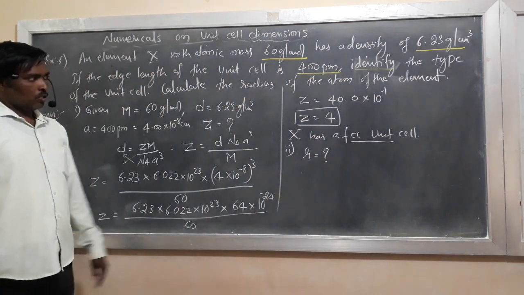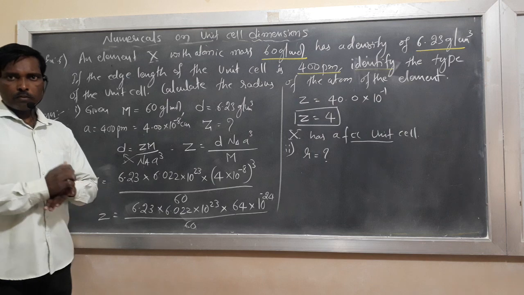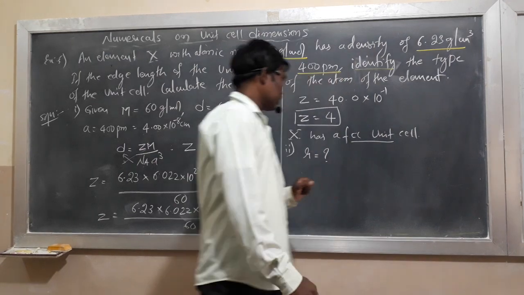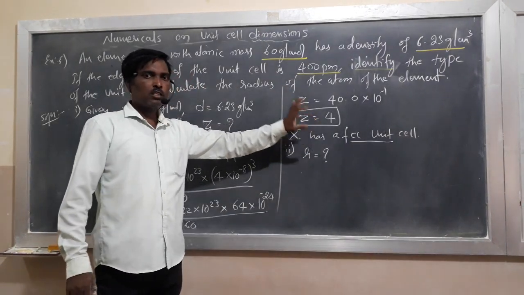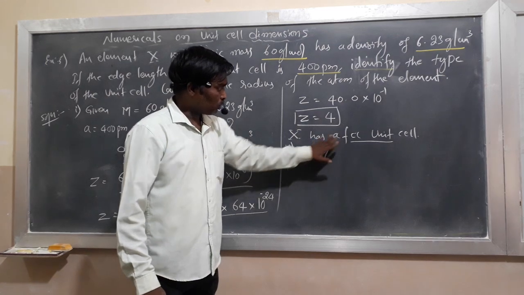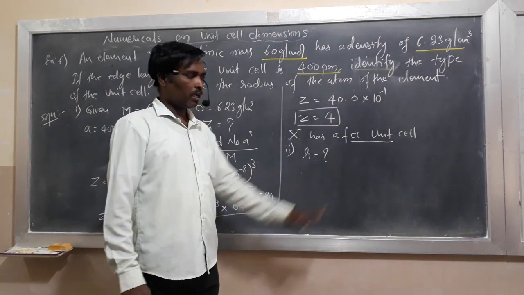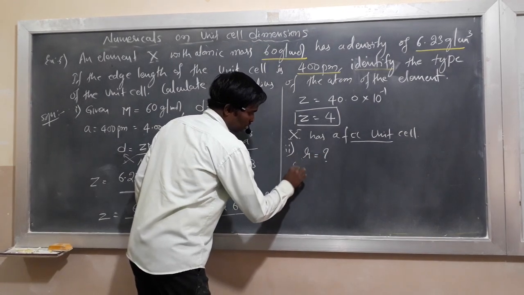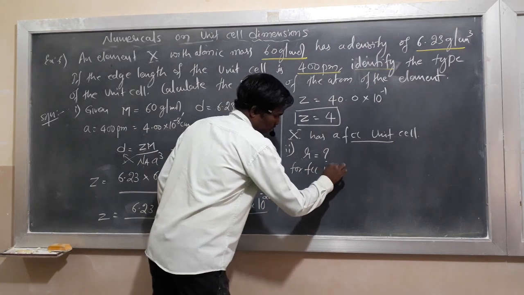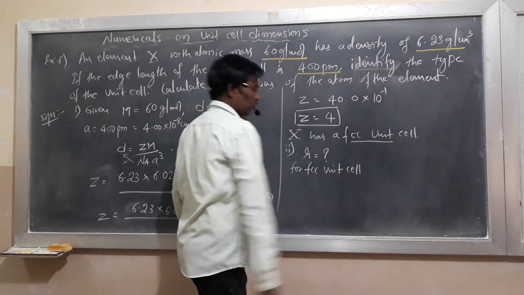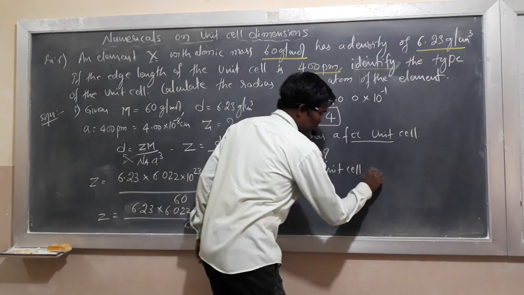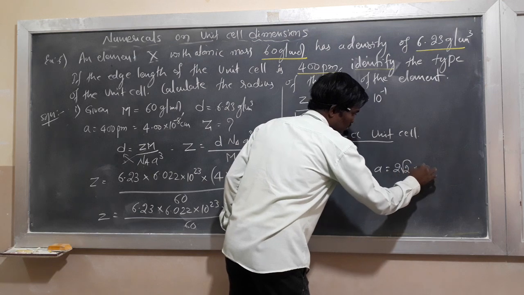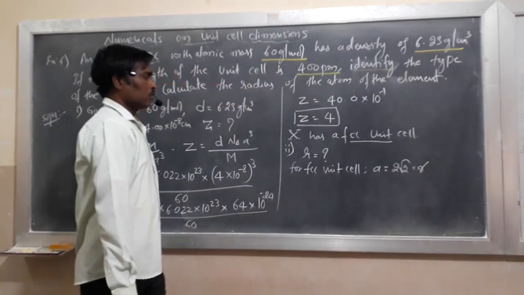When we know the type of unit cell, then we can easily write the relationship between the edge length and the radius of the sphere. Without knowing the type of unit cell, it is not possible to write the relationship between r and a. So r is equal to question mark. For an FCC unit cell, we know edge length a is equal to 2r into root 2, or 2 root 2 into r.